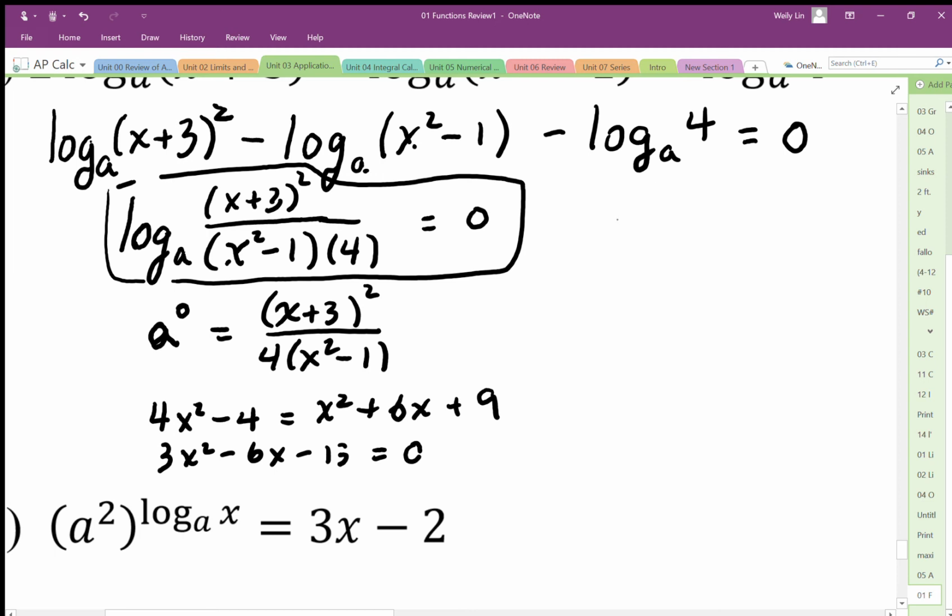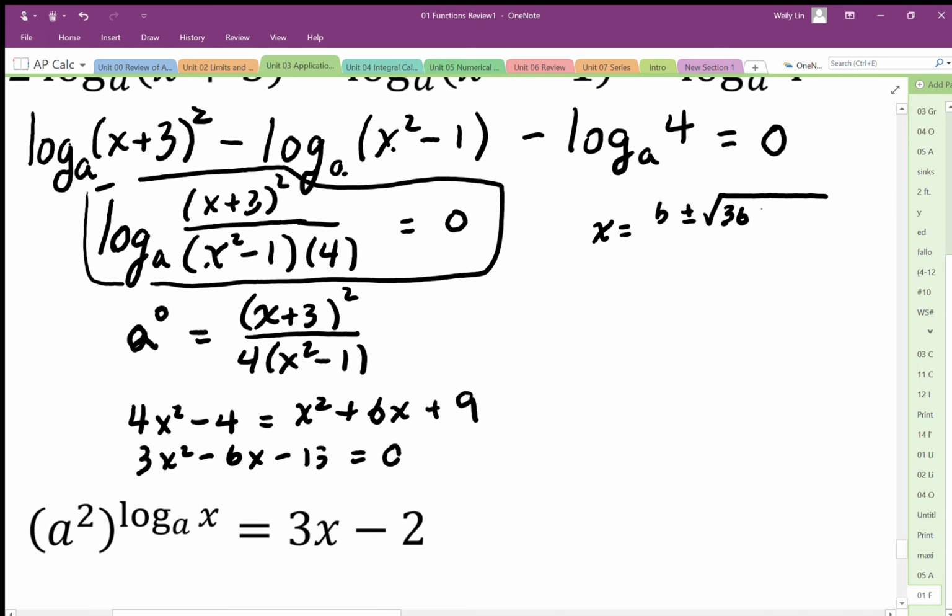Okay, so we might as well finish this off. x is equal to 6 plus minus square root of 6 squared minus 4 times a times c. That's all going to be divided by 2a, which is 6.